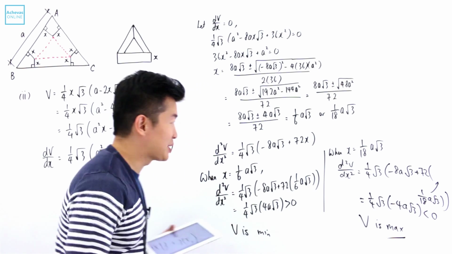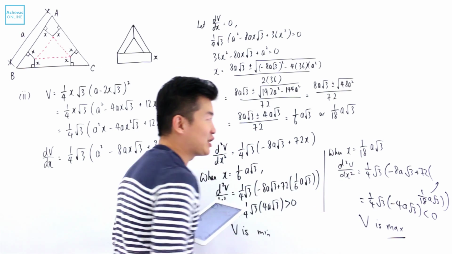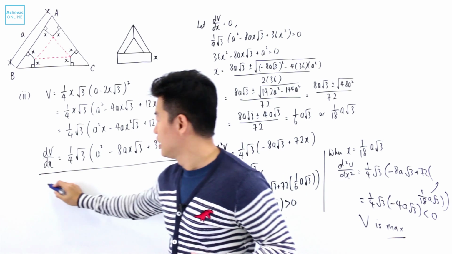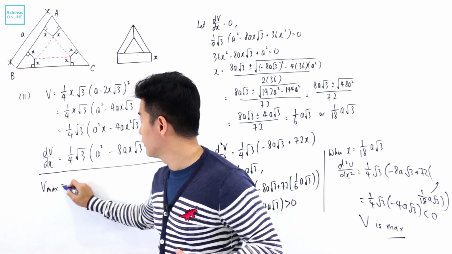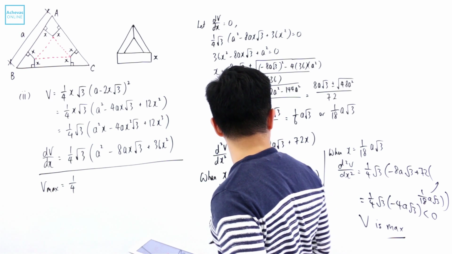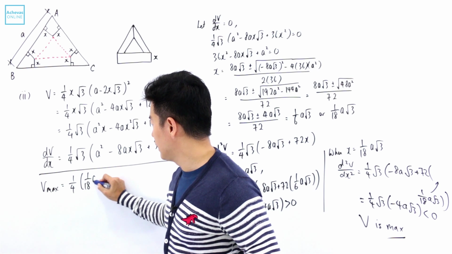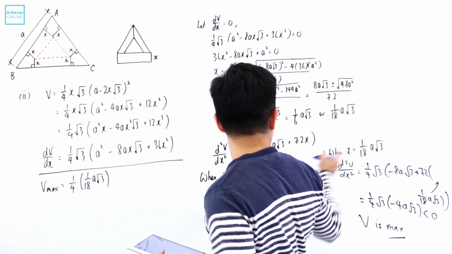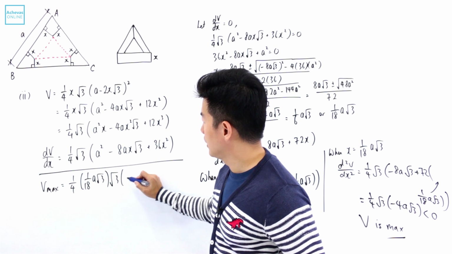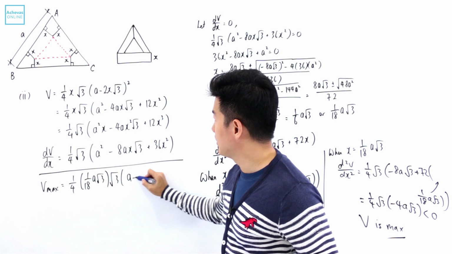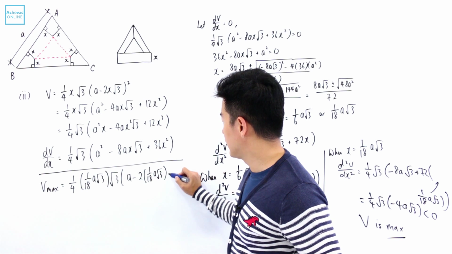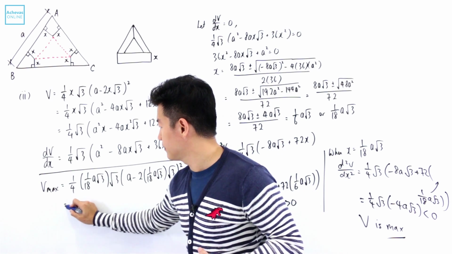So now we know what the maximum v is. It is just to substitute x equal to 1 over 18a square root of 3 back into here. The maximum possible value of v is equal to 1 over 4 of x, where x is 1 over 18a square root of 3, multiplied by square root of 3 times a minus 2x, 2 multiplied by 1 over 18a square root of 3 times square root of 3, all squared.